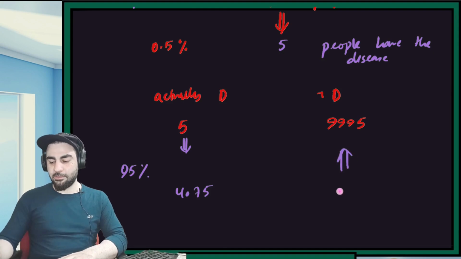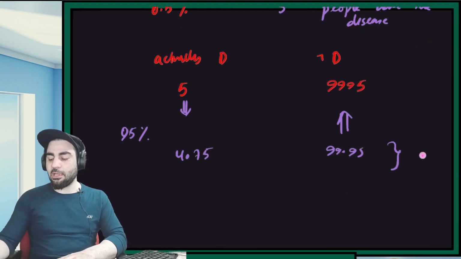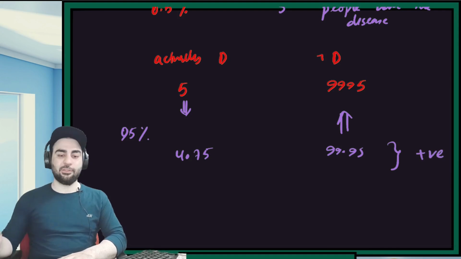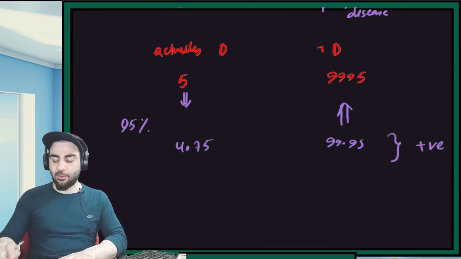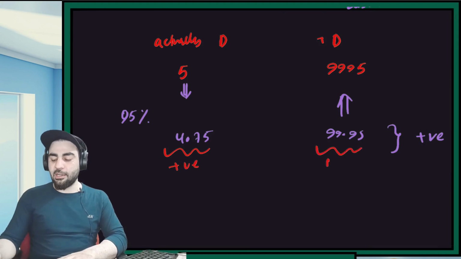Calculate this. 99.95. That's what I said. You have to put it over here. So this is how many people the test said are positive. But actually only these people are positive. Only these people are positive. These others are false positives.